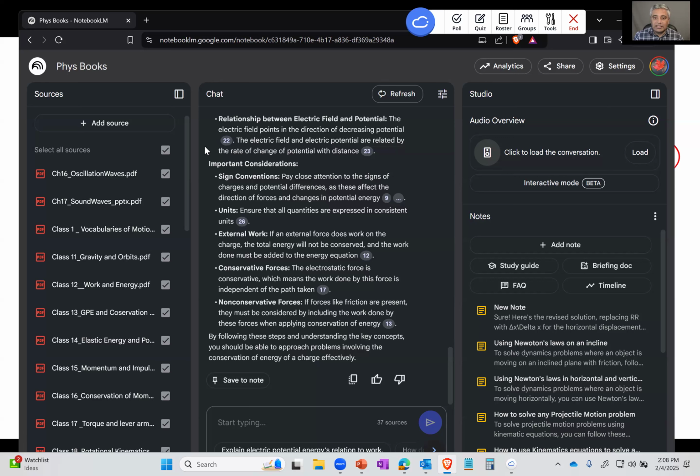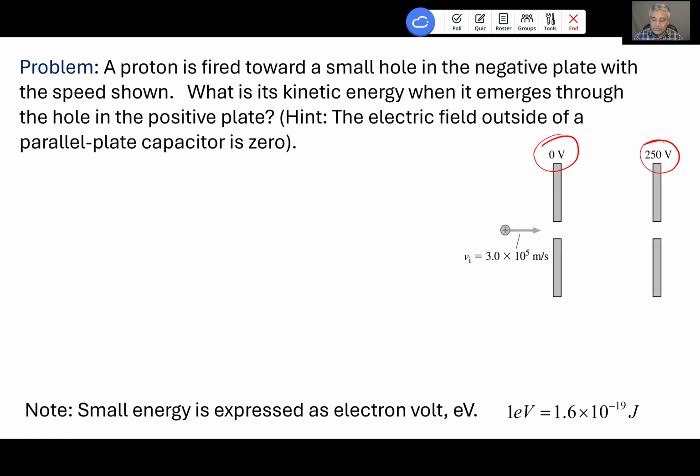And remember, field and potential are just two different ways of representing the same thing, okay? Sometimes we talk in terms of field, sometimes in terms of potential. It's like solving a problem using the energy concept or the force concept by drawing free body diagrams. In this case, potential being related to energy, we want to use conservation of energy.